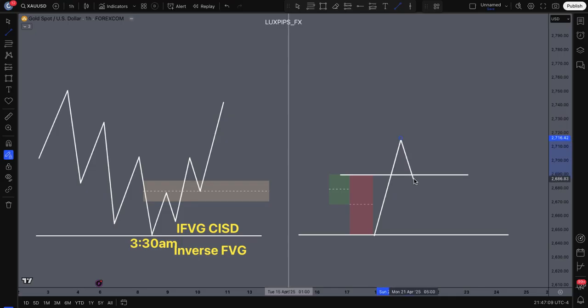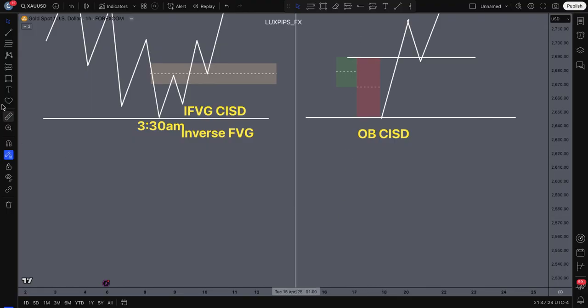Rallied through, reused, retested, and continue. It's OB CISD. But since I explained what an FEG is, I should probably explain what OB is. OB is order block.